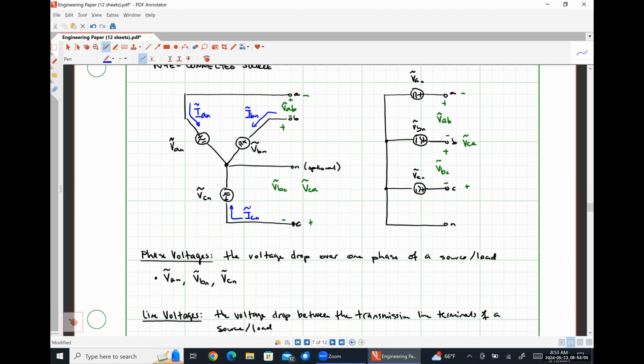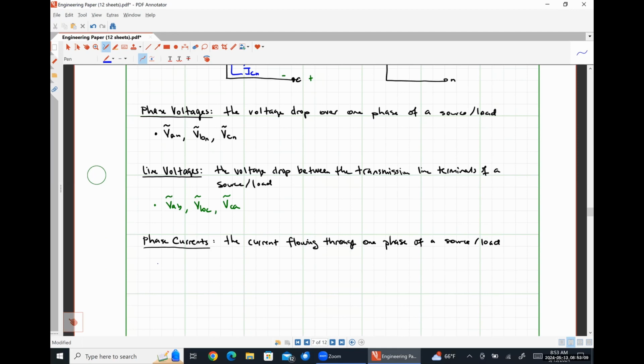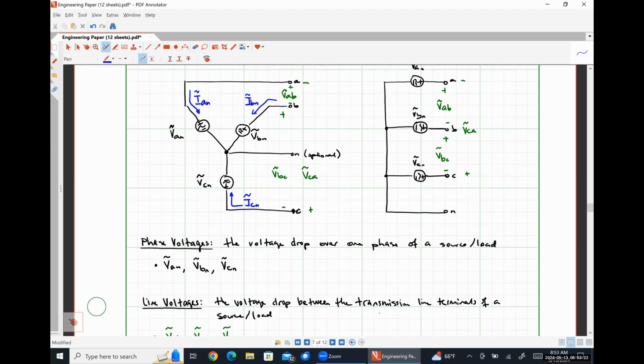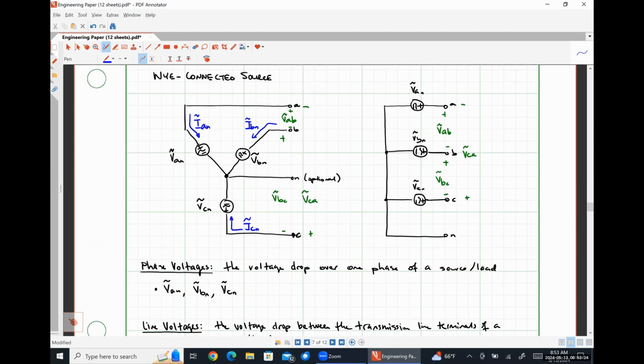That is ICN, like so. And let me represent those phase currents over on this diagram. So they're just the currents that are flowing towards the neutral connection.